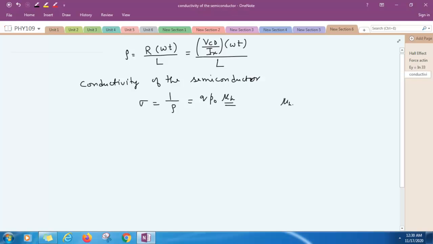Mobility of hole. Okay, so using this relation you can calculate conductivity also.